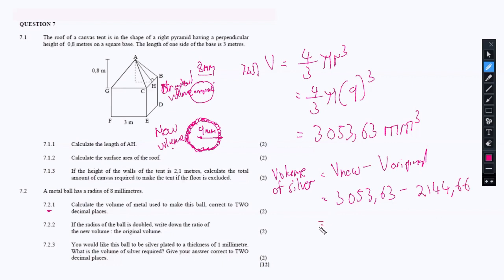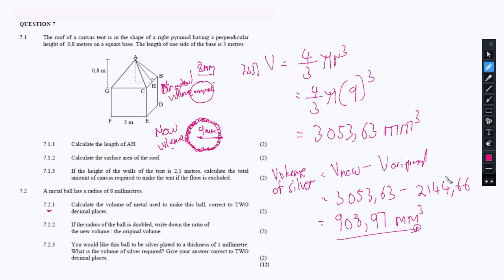Now, when we subtract that, we are getting 908.97 millimeters cubed.